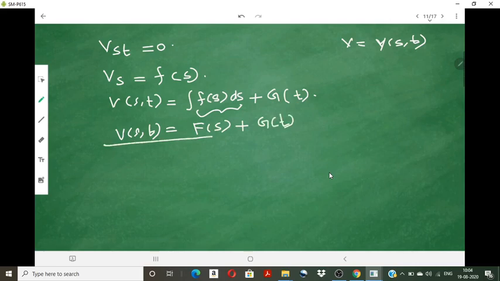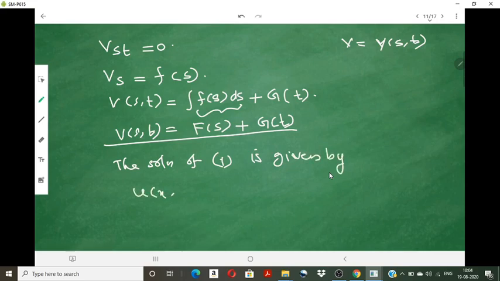So this is the solution in the ST coordinate system. Now, but our equation is in XY. So the solution of equation 1 is given by U of X,Y is equal to F of S. What is S?